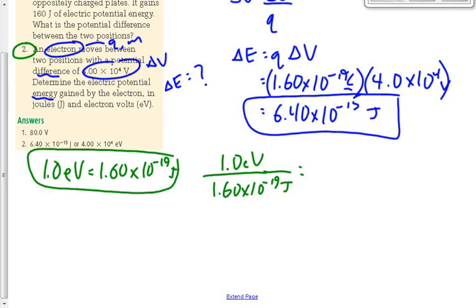So all we're doing is getting rid of the equals with a division sign. That's equal to X electron volts over 6.40 times 10 to the negative 15 joules. So 1 to 1.6 is the same as X to 6.4. If we get the value of X, then we've got the number of electron volts.